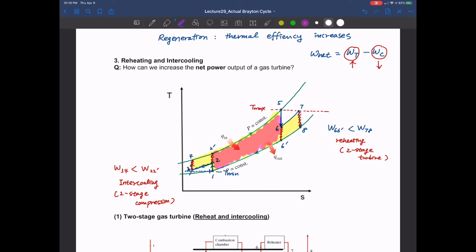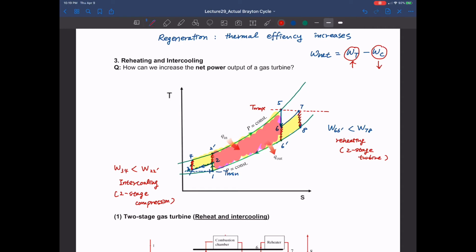However, what you have to think about is what happens to the amount of heat input to that multi-stage gas turbine system. As you clearly see here, then we actually have more heat input. So for example, we have to have more heat input from 4 to 2 prime. So that is kind of increase of heat input that we need to run this gas turbine.